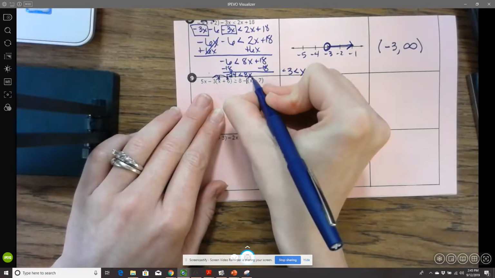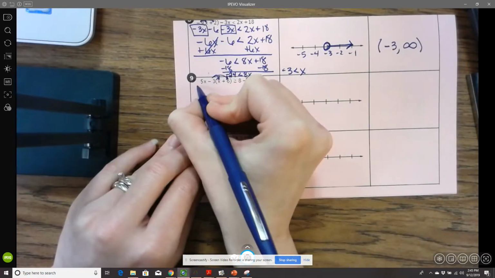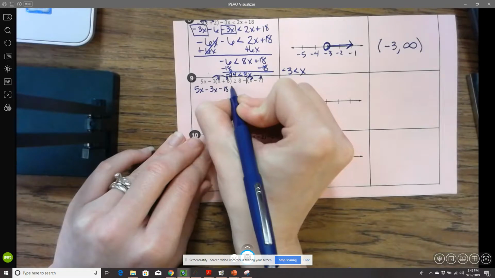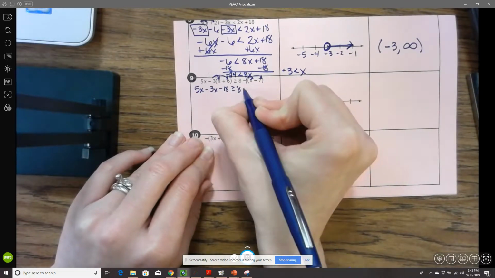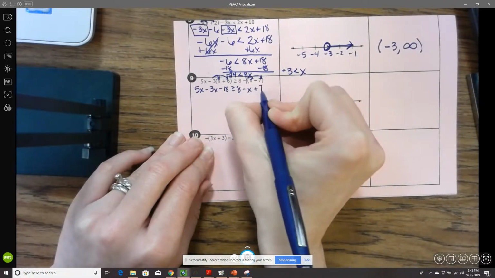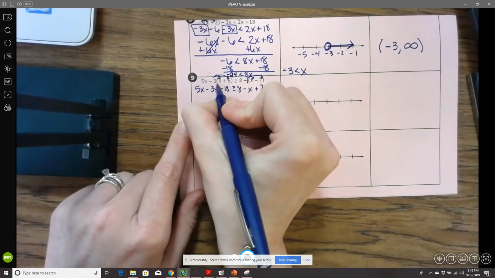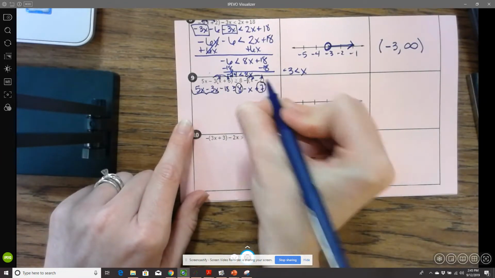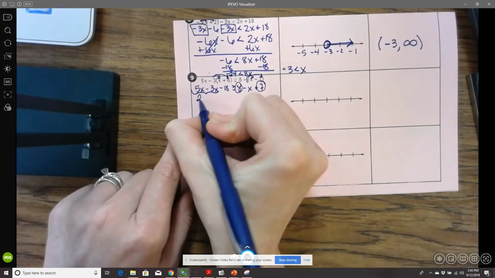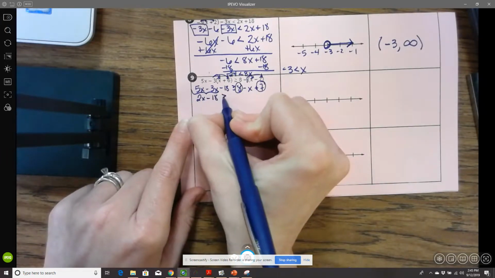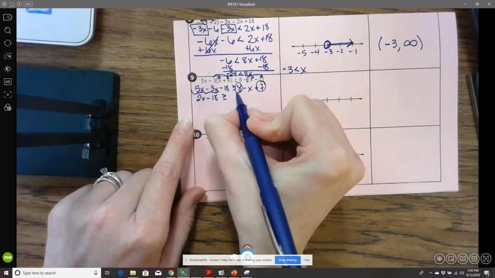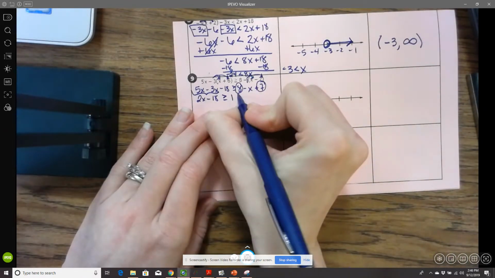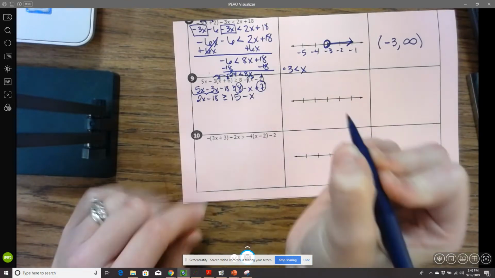All right, so now we're going to distribute twice. So again, this is like a negative 1. So 5x minus 3x minus 18, and then 8 minus x plus 7. So we've got a lot of stuff to combine here. So this has got to get combined, and this has got to get combined. So we've got 2x minus 18 greater than or equal to 8 and a 7 is going to give me a 15 minus x.